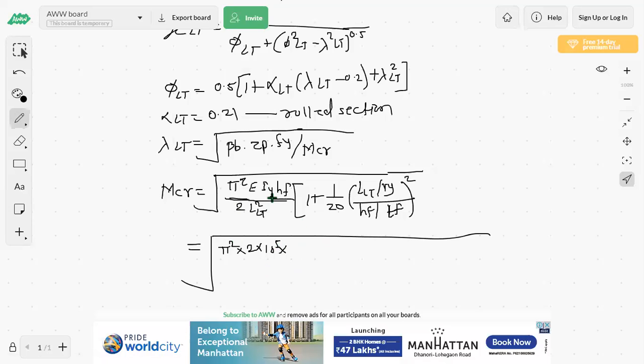So the IYY value is 2451.4 into 10 raised to 4. Is this correct?